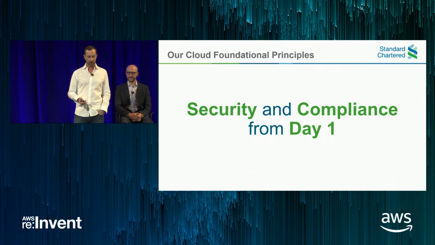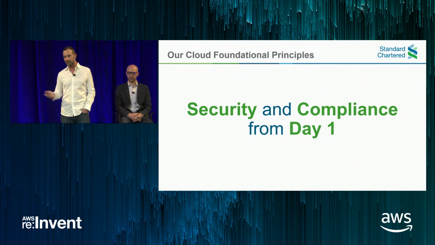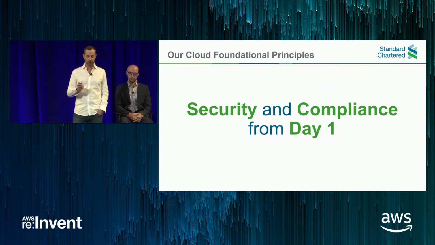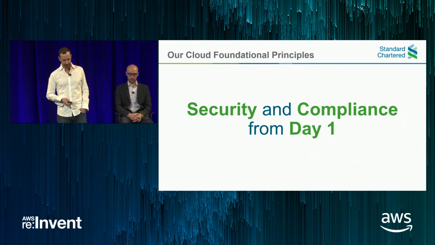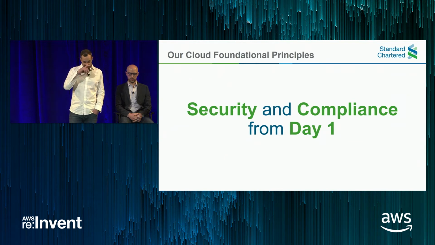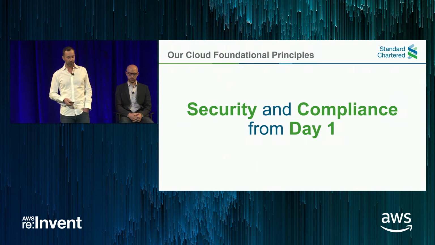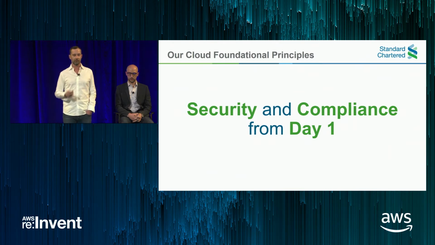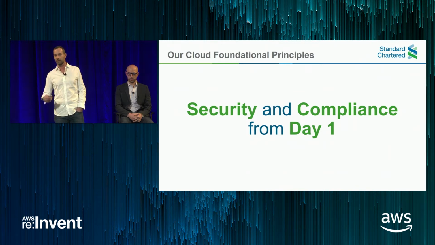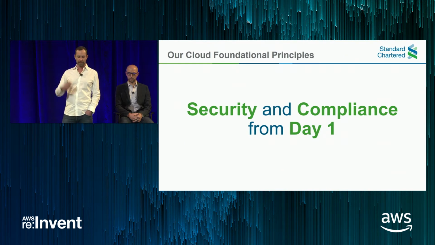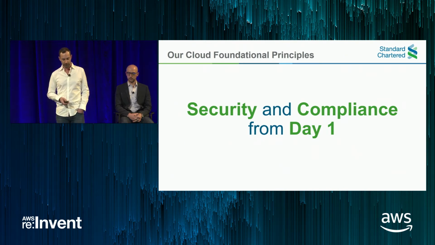We really wanted to avoid that and put compliance and security at the center of how we do things in the cloud. So we saw the need to engage with AWS Professional Services very early in that journey to help us define those controls and the code that deploys those checks.